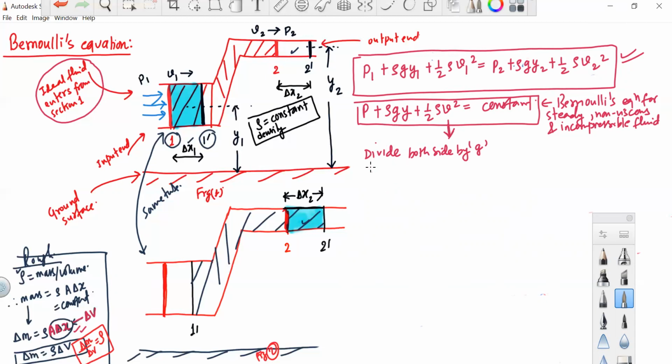So we get P by g plus rho g y divided by g plus half rho V square by g equals constant by g, and we know g is constant, so we get constant again.